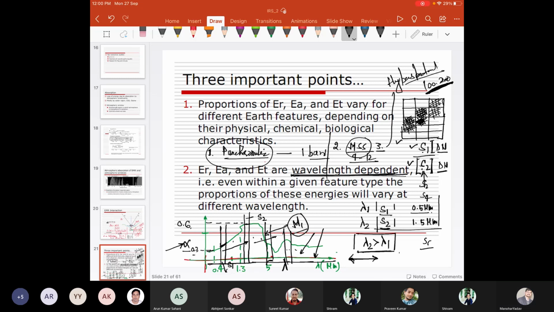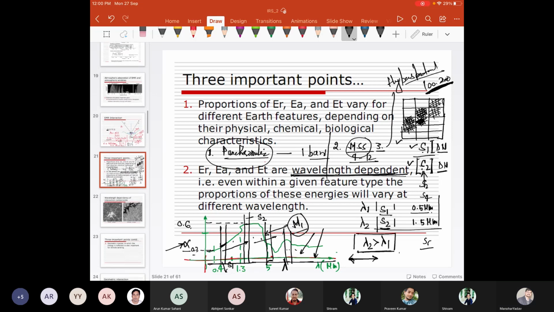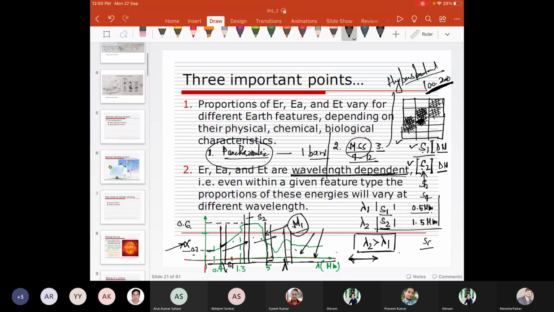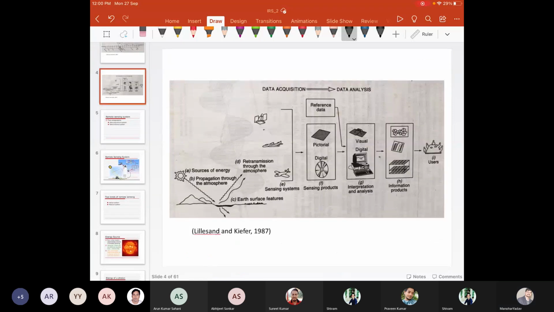So I hope there is no query related to the EMR interaction at the Earth surface point. So this discussion we have related to, we go back, the step C we are discussing right now.